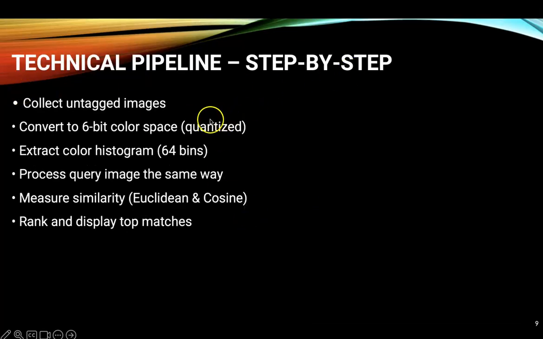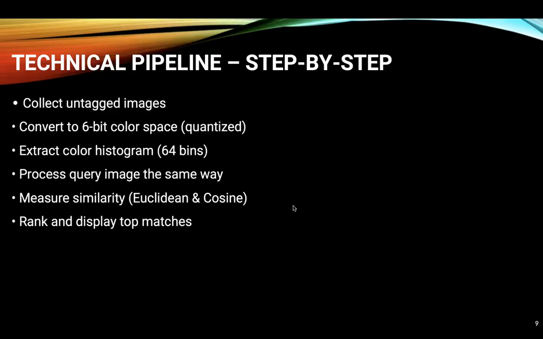The technical pipeline is more detailed on this page compared to the last one. We collect untagged images and convert them into a 6-bit color space. Then we use hist counts to extract the exact color histograms, and as I said, since this is 6-bit, it has 64 bins.